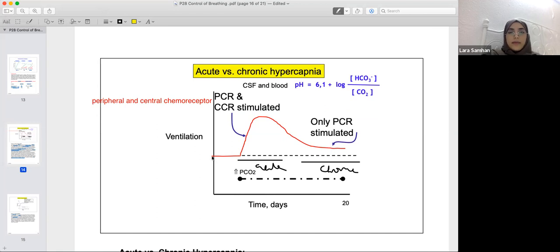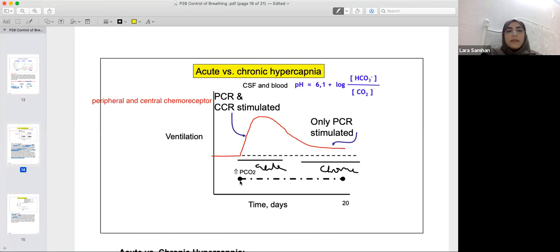Okay. Now we have this threshold. Let's say this red line is basically the ventilation. The person is ventilating. Suddenly, we have very high carbon dioxide levels in the blood. Once we have this, normally, the body should try as much as possible to compensate, to get rid of the CO2 and have higher levels of oxygen in the blood.